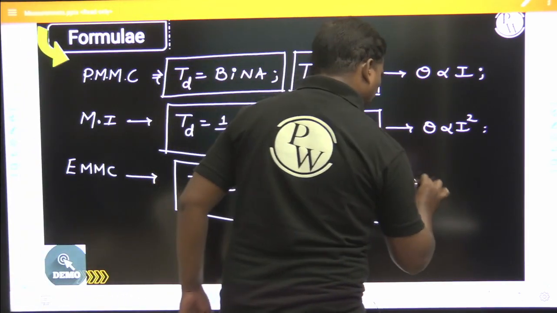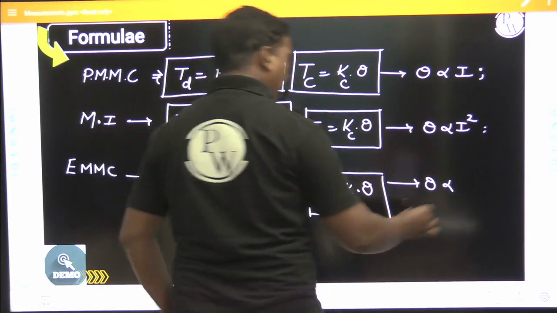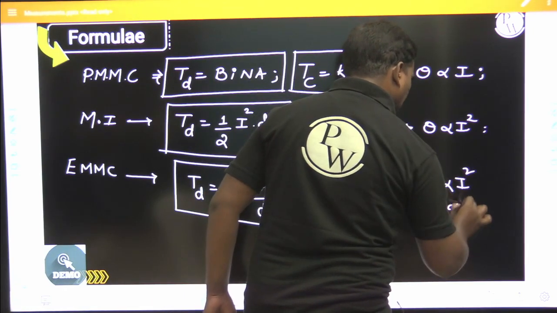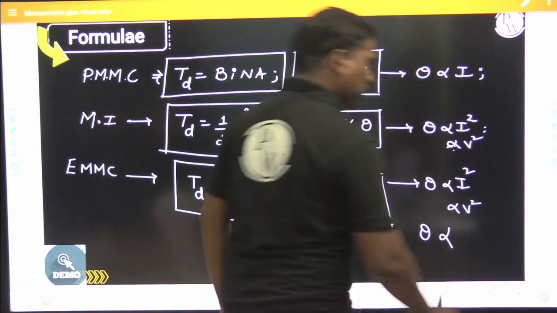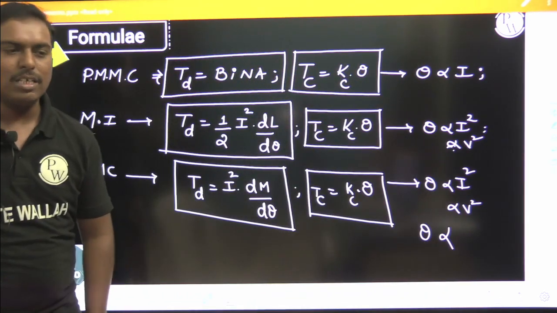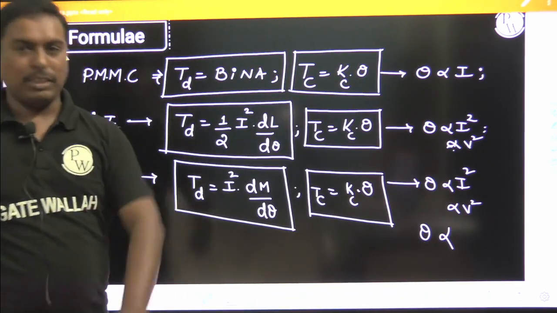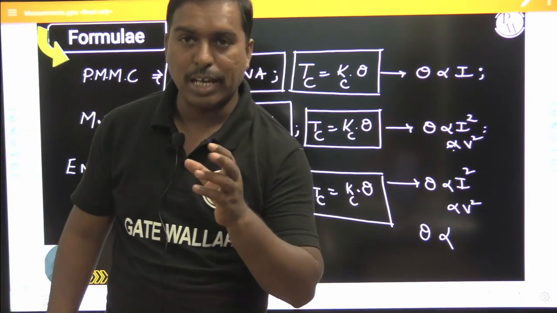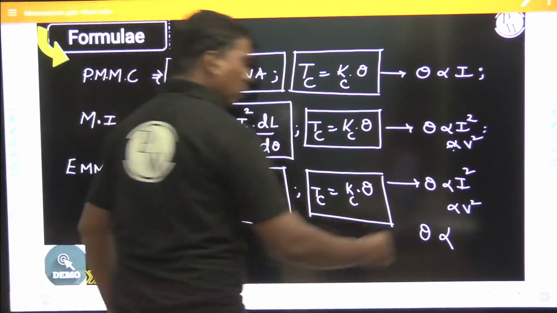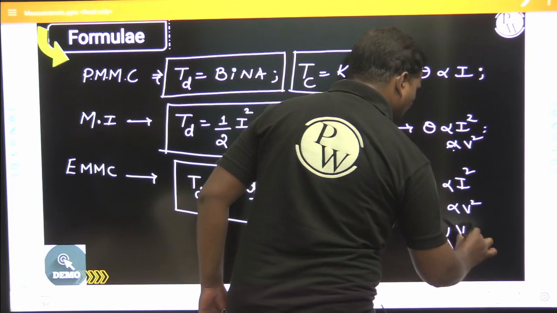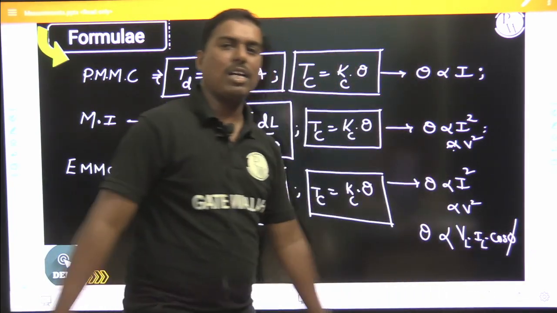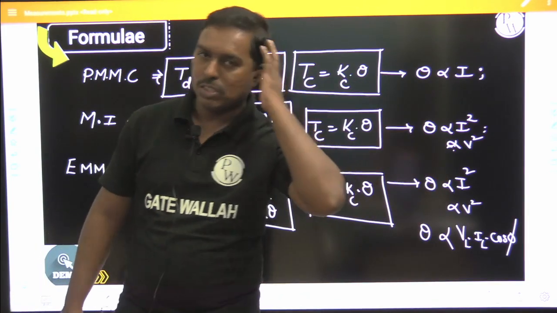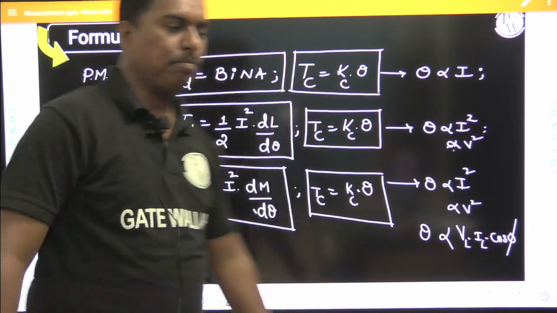Here theta is proportional to I square, and at the same time it is proportional to V square also, but the speciality of this dynamometer is it is suitable to work like a wattmeter, majorly suitable for power measurement. So, it is proportional to average power, that is VL IL cos phi. That is the fundamental reason why the dynamometer is best suited for power measurement.